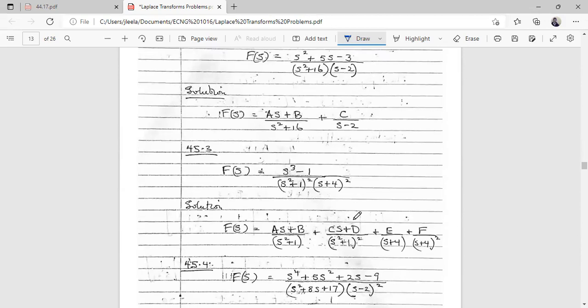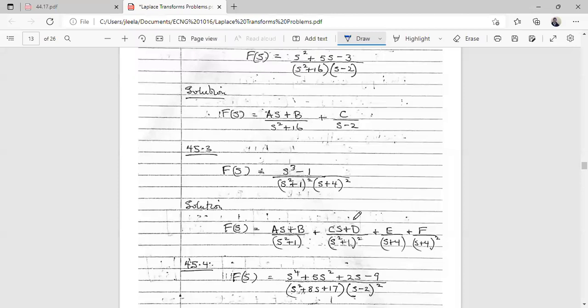Right. So one of the factors is an irreducible quadratic factor that is repeated, and the other is a simple factor that is repeated. That is 45.3.